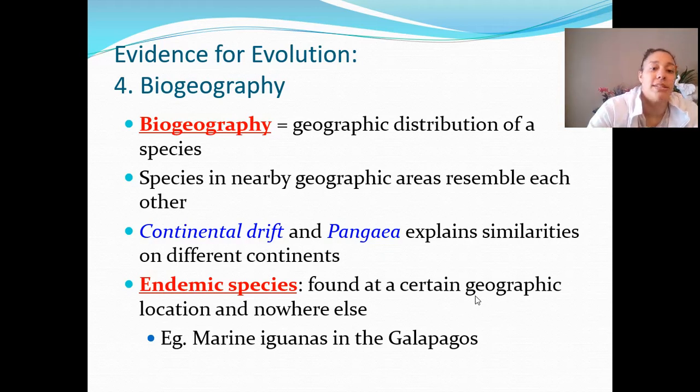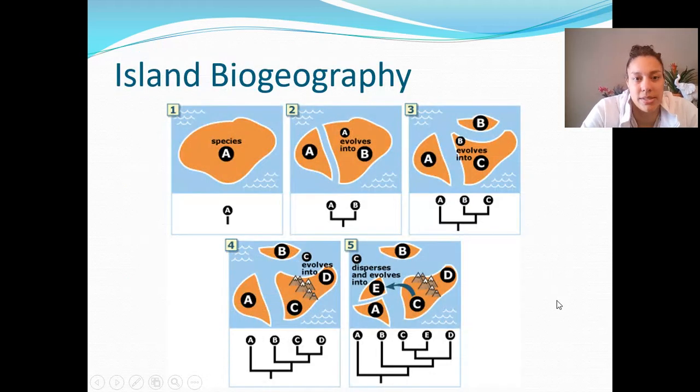Or there could be endemic species, where we see that they're found at a certain location and nowhere else at all. So those are some different pieces of biogeography for us.